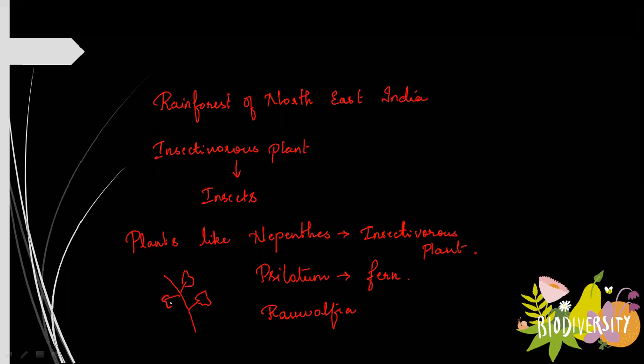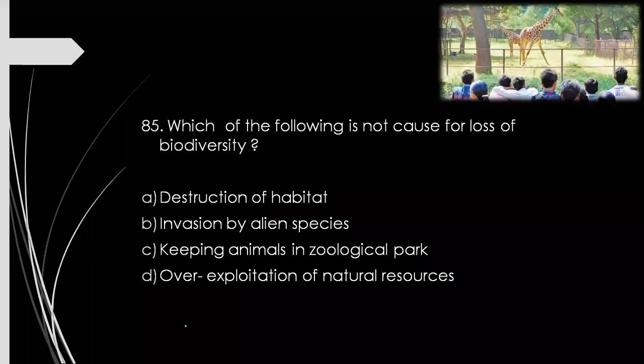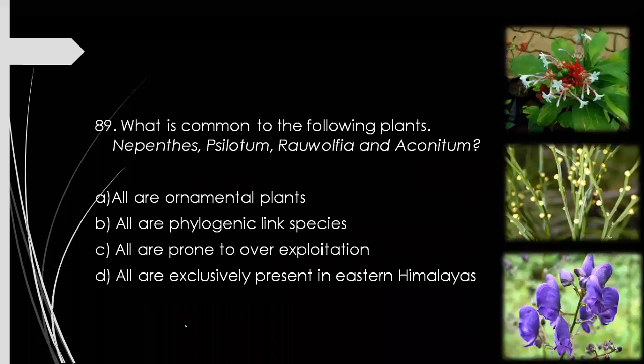These are the ferns which grow having a small thin brown colored stem. If you want to know the picture of this, I will show it to you. So this is nothing but Xylotum, a different type of fern.